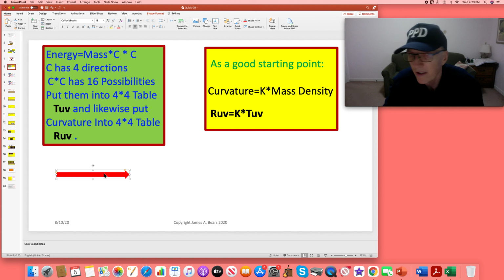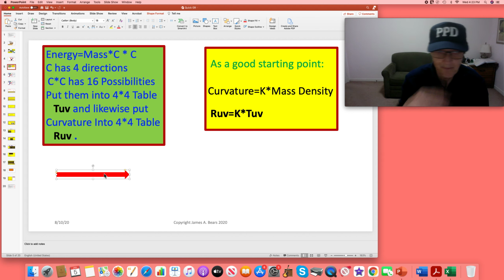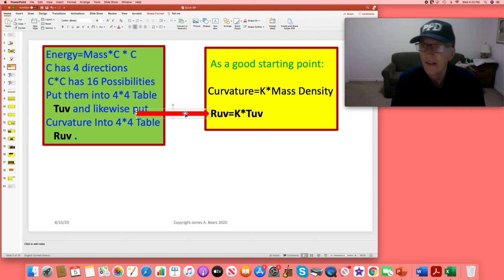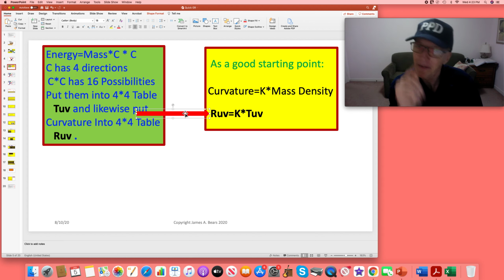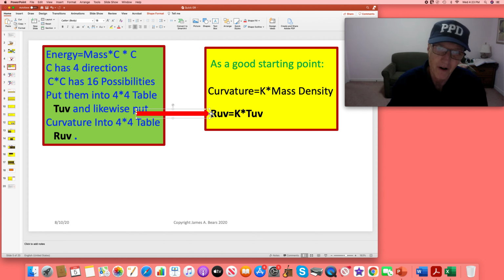That would be the first thing to do. So let's write that down. And it's wrong. But it's the first step, and it's the same step that Einstein took. So let's take that step, and we'll see where it leads us. R subscript UV is equal to the constant of proportionality times T subscript UV.